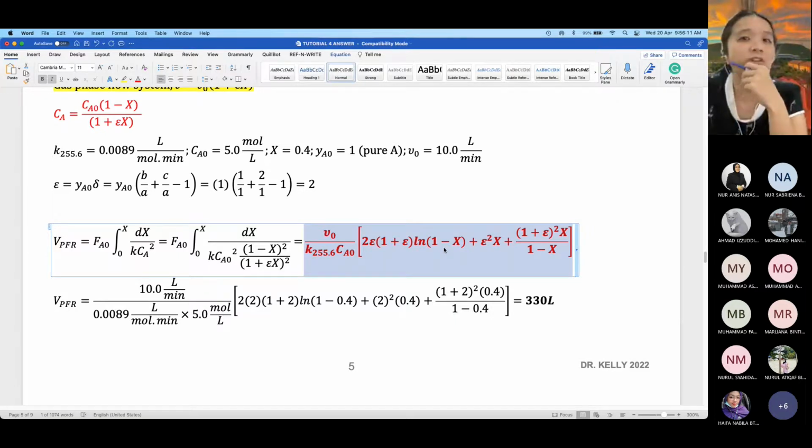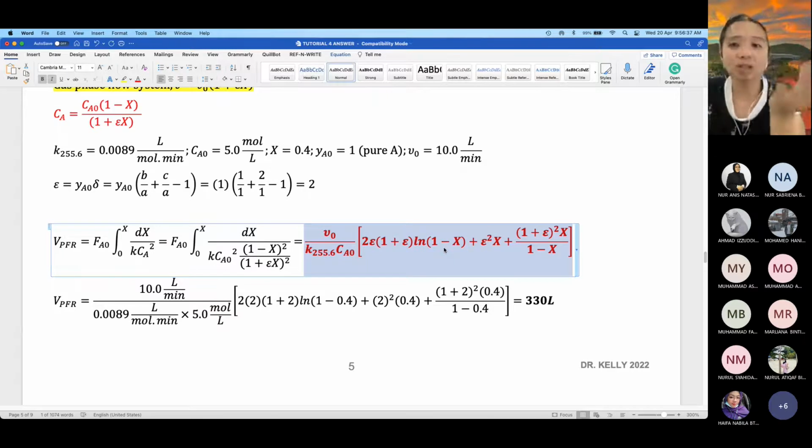The third version is to find the space-time. Then kenapa ada 2 version untuk volume? Because the first version is if you know FA0, the inlet molar flow rate. The second version is if you know the inlet volumetric flow rate. So dalam contoh soalan ni, we are given the inlet volumetric flow rate. That's why I use the second version of the equation.